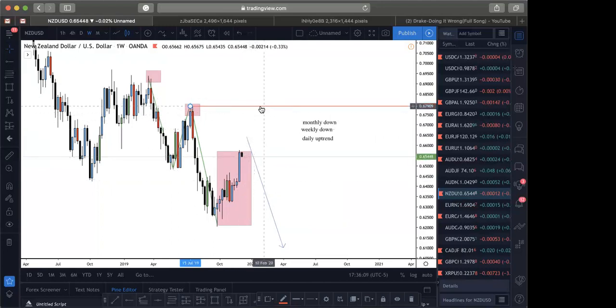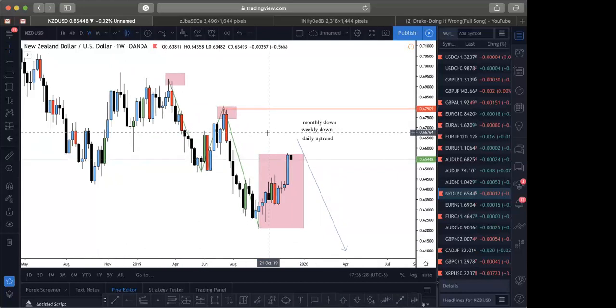As long as it passes this line, then the trend is no longer down. But as long as it's under 0.679, then we're still in a downtrend, right? So that is multiple time frame analysis.